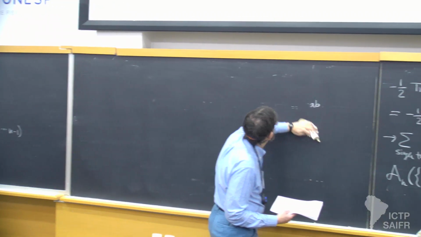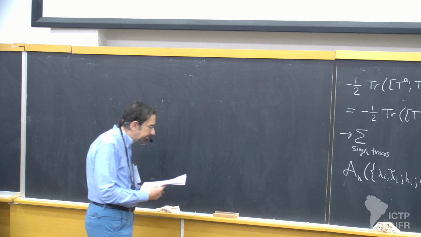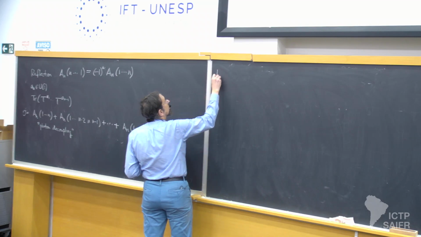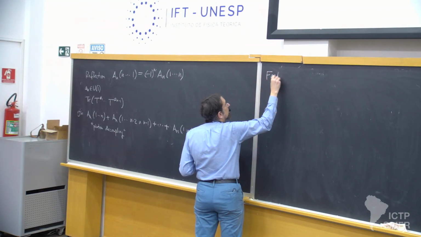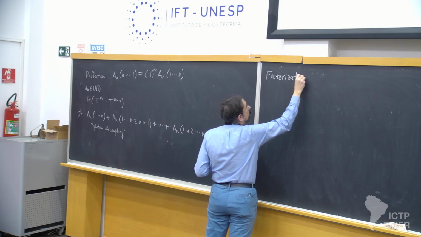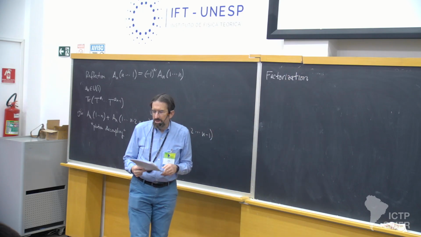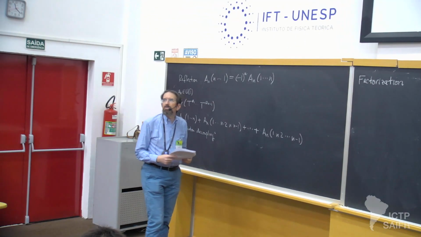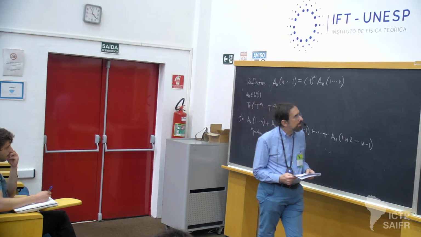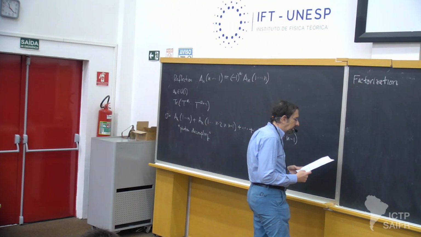And at tree level, that tool is the principle of factorization. Now, at some point or other, I'm sure you've seen it all in your quantum field theory course, but I'm going to take a few minutes to review it here just so we're all on the same page.